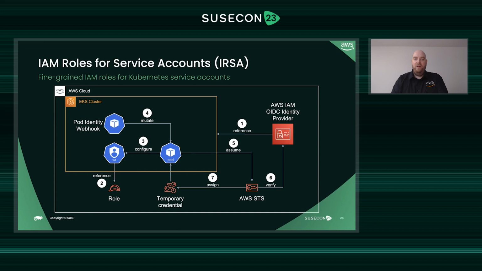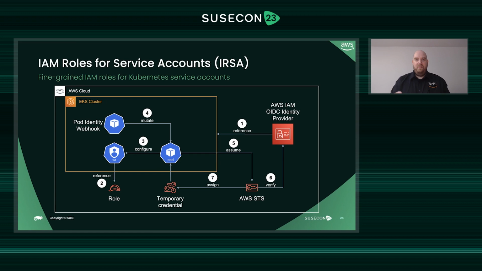Step 5 is then the pod, your application, which assumes the specified IAM role and connects to the AWS Security Token Service. In step 6, AWS STS will verify that request. And if everything is fine, in step 7, it's going to assign temporary credentials.